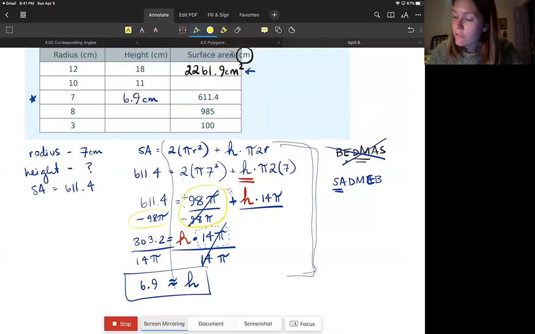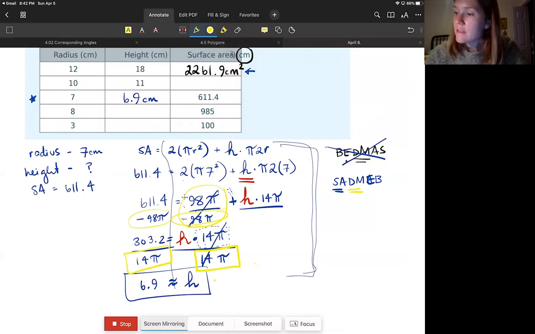We subtracted that from both sides first. Then we did our multiplication and division. We divided both sides by 14 pi. There were no exponents or brackets to take care of, so we didn't even have to worry about that to get our answer. Now, if you need a review, rewind this section of the video and then attempt this, okay?